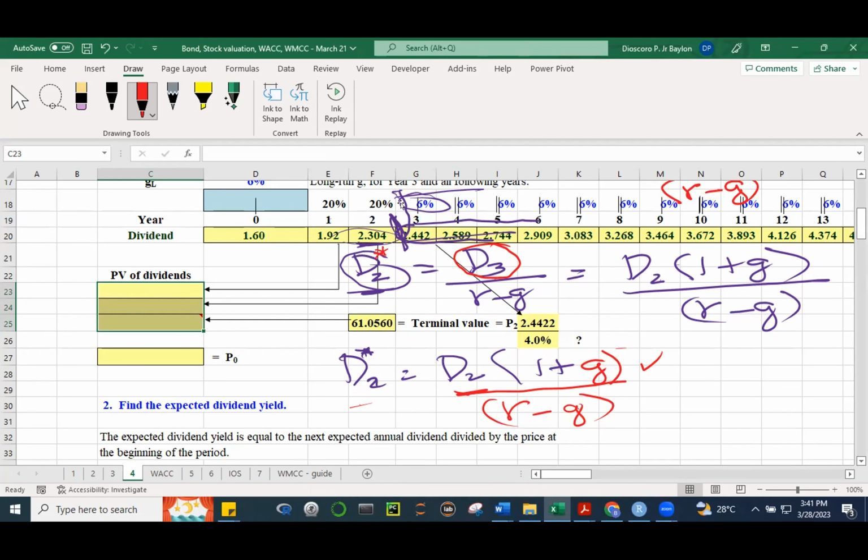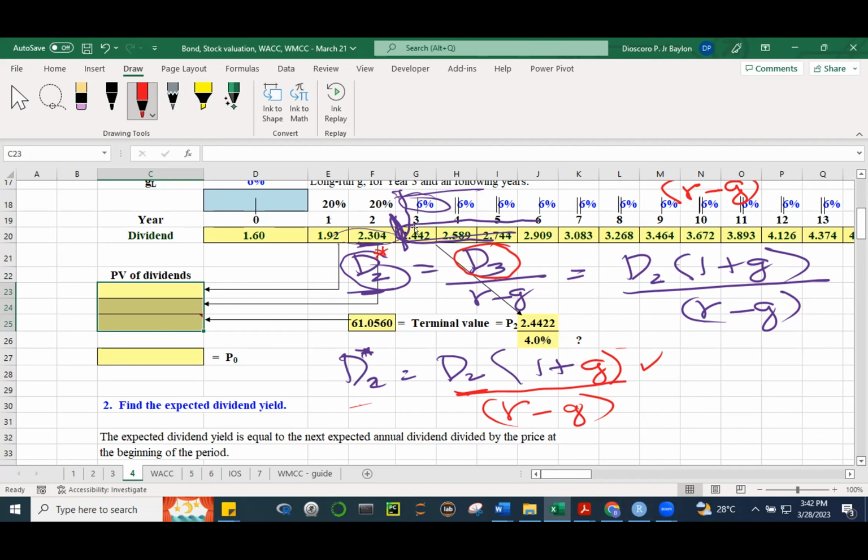So as I said, where the constant growth rate begins, you can replace it with the value before that particular year by using this formula. So it's equal to the dividend on year 3, or it's also equal to the dividend at year 2 times 1 plus 6%, right?